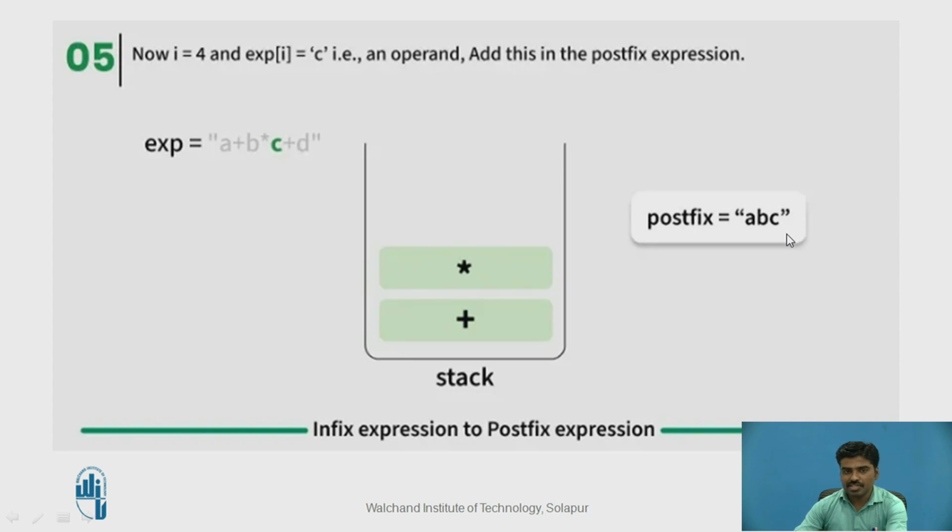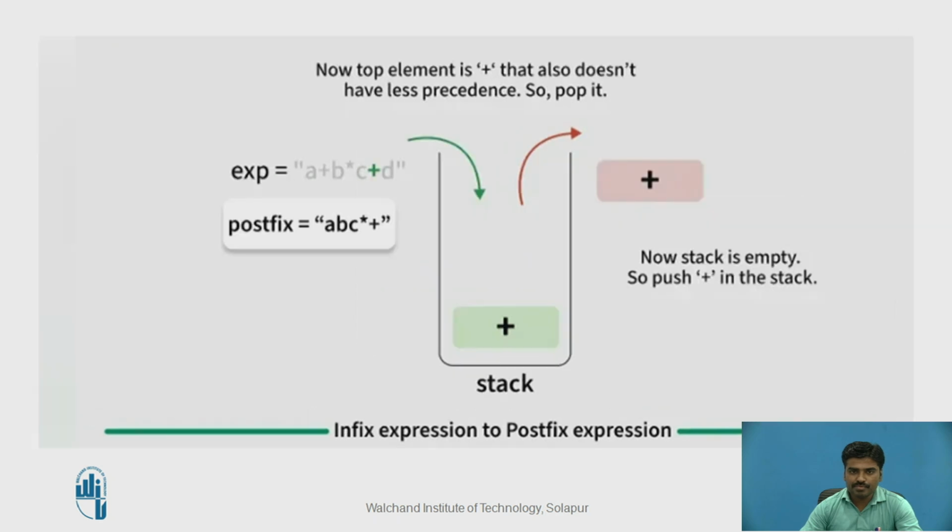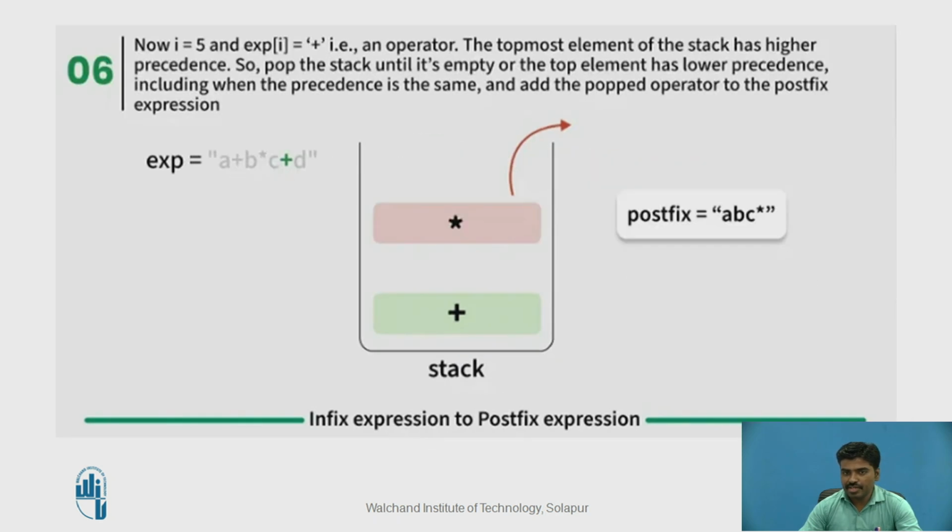Next is the plus symbol. Now check the precedence: plus is lower compared to into. You have two elements in the stack, one is plus and the other is into. So first you have to pop the into and add it to the postfix string, because the highest priority element at the top of the stack is into, but plus has lower priority.